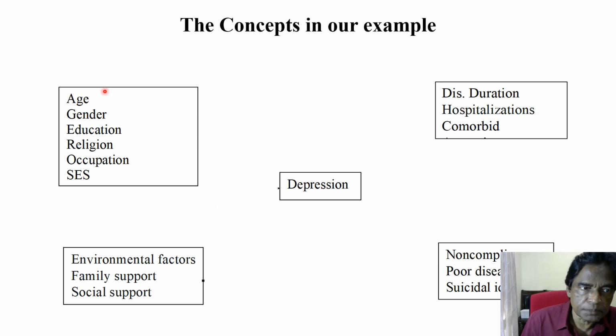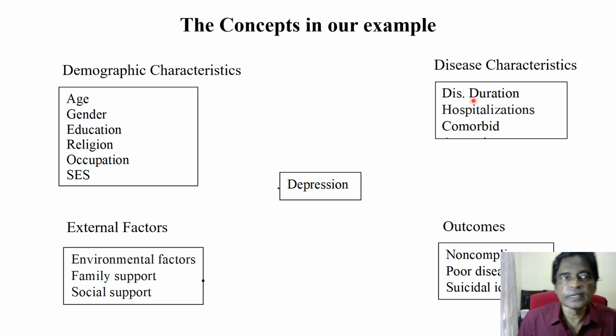So this box here, all these are the patient's demographics. Here we have the external factors as perceived. These are perceptions. These have the disease, duration, and other things. Here we have the outcome, and the central focus is depression. So now we can name these concepts.